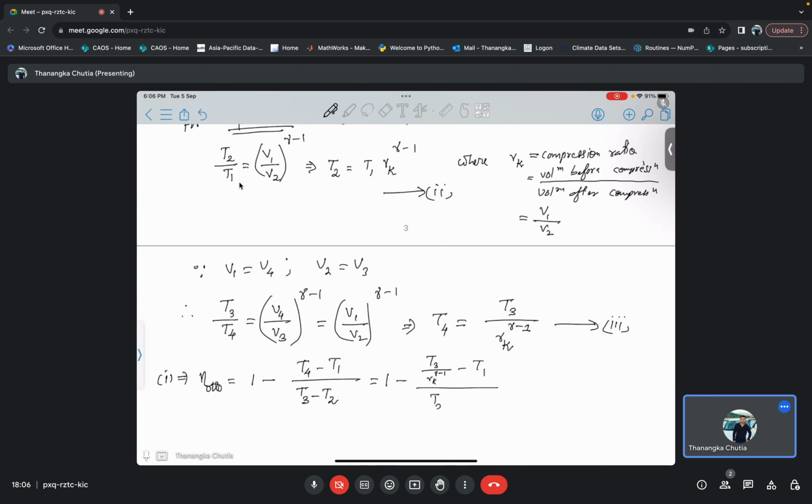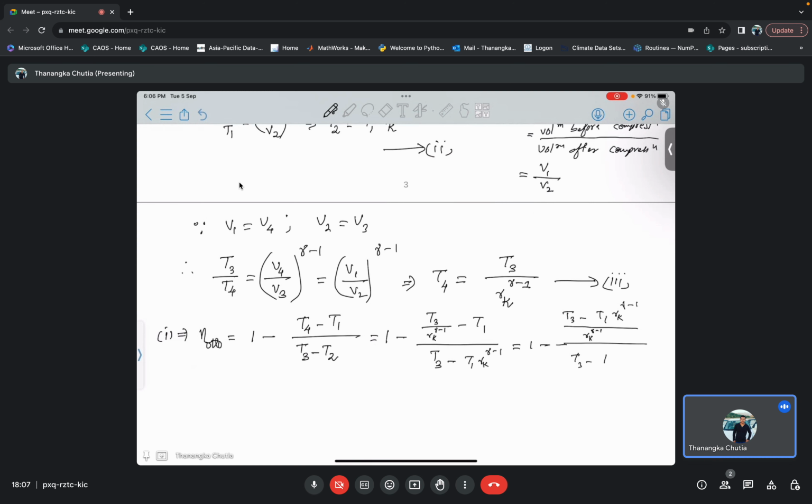Fine, so if I take the LCM, this will be Rk to the power gamma minus 1 over T3 minus T1 into Rk to the power gamma minus 1.